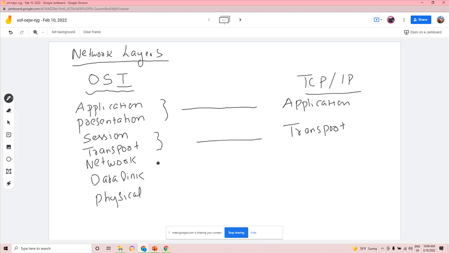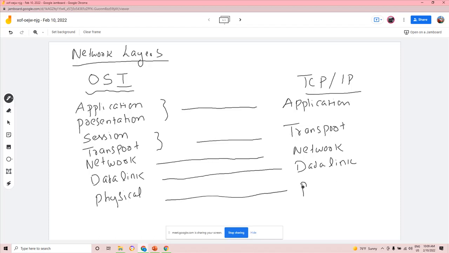Then network, data link, and physical. In some references, these two are also joined together, and in some references, TCP/IP refers to them as a separate layer.